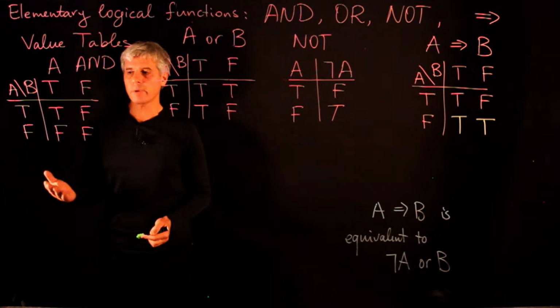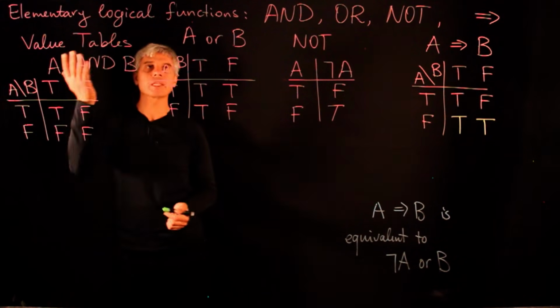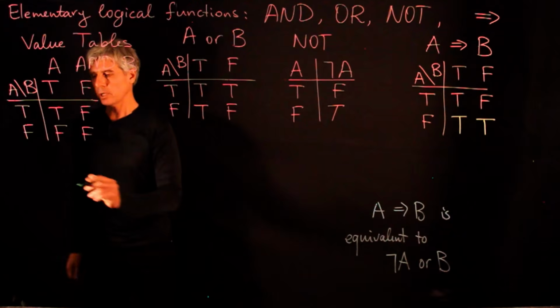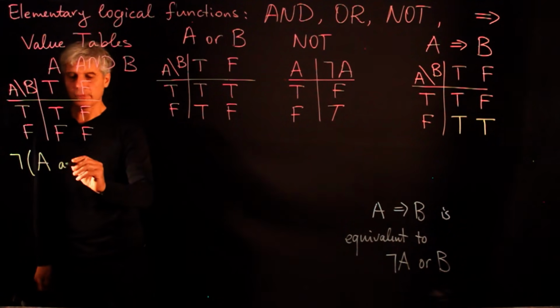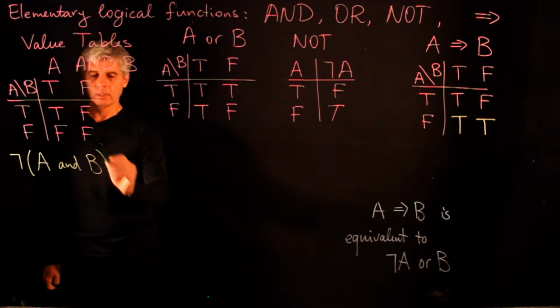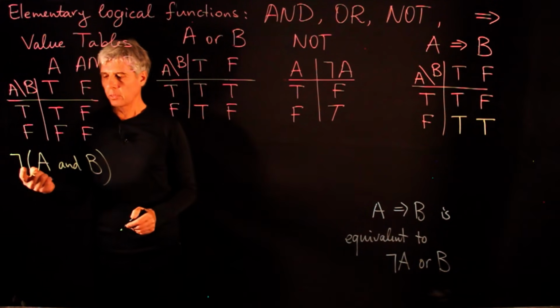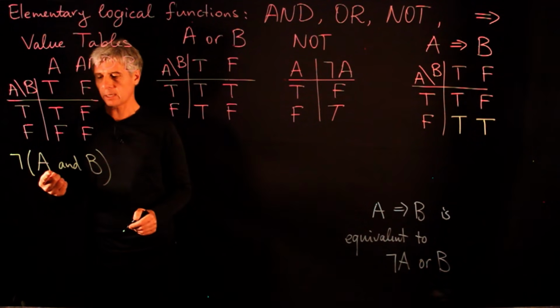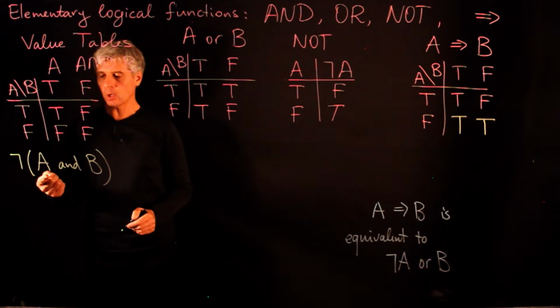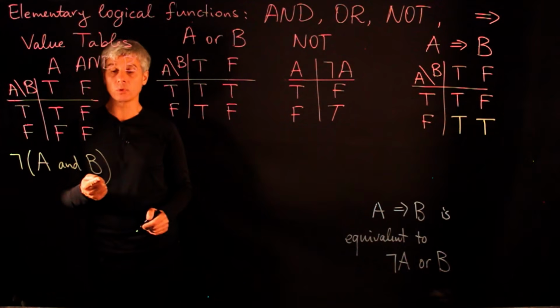So let us talk about negating these elementary logical functions. What does it mean when we say not (A and B)? Saying that not (A and B) is true means that either A is false or B is false.